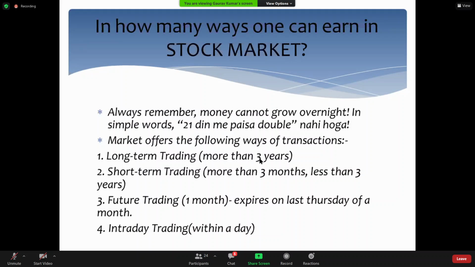Next up, intraday trading. What is intraday trading? If you break the word, you will find intraday means within a day. Intraday trading is a form of trading in which you have to square off your deals on the same day before 3:20 p.m. Otherwise, the shares will take the closing price.